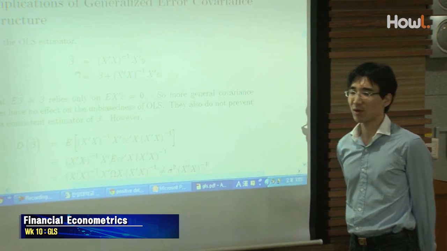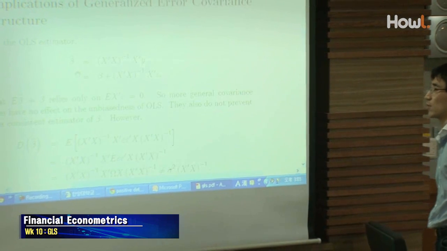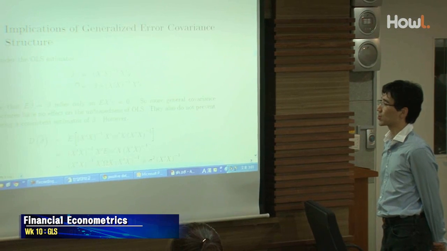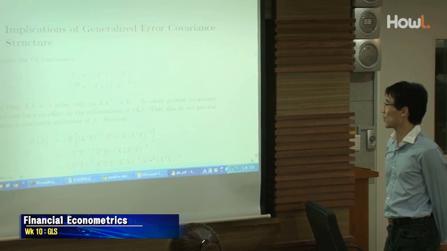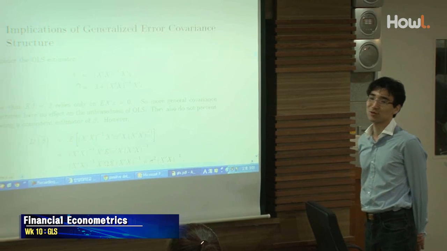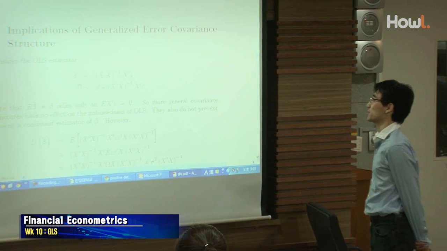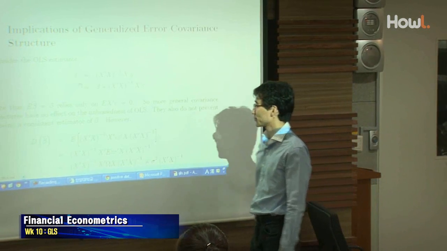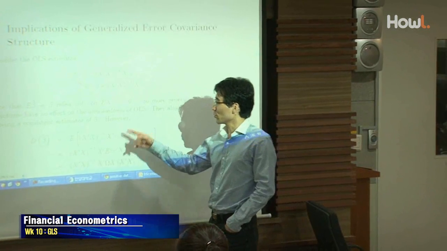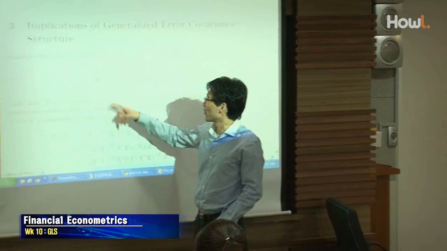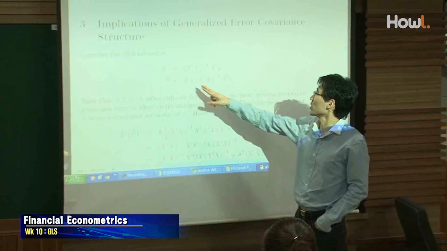So even if the error term has a very general structure like omega, and we still use OLS estimation, we still have a basically unbiased estimate. But the problem happens in the variance covariance matrix of our estimate. So let's calculate the variance covariance matrix of beta hat.